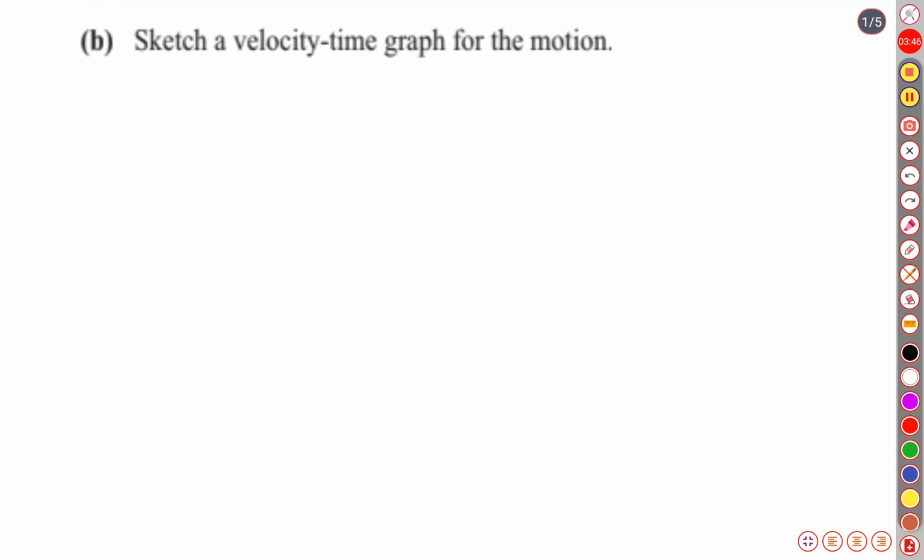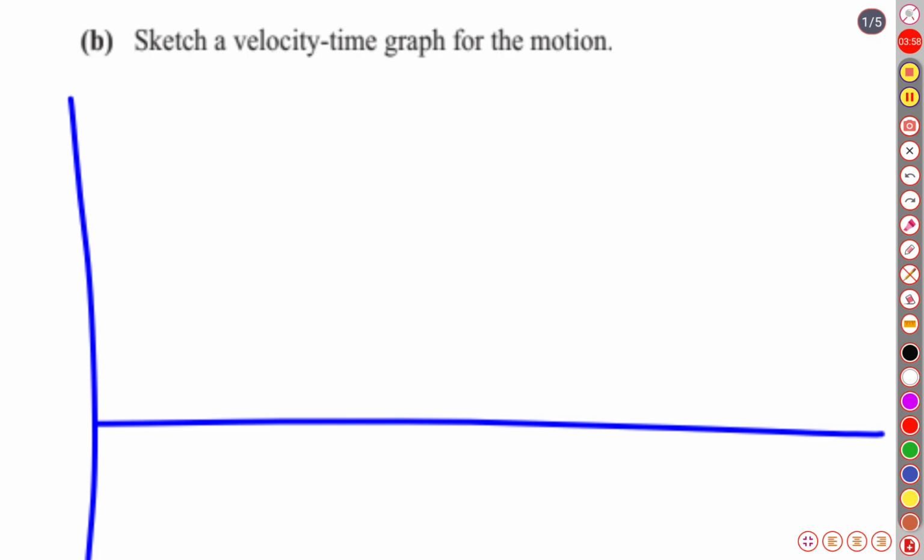Over here, let us extend this. We can write the horizontal axis as t, the time in seconds, and it is a v-t graph. This is 0, from where the particle started moving onward, and the vertical axis is v meters per second.